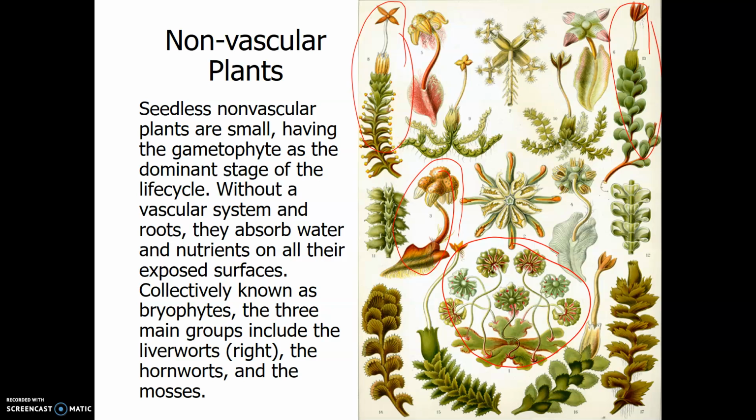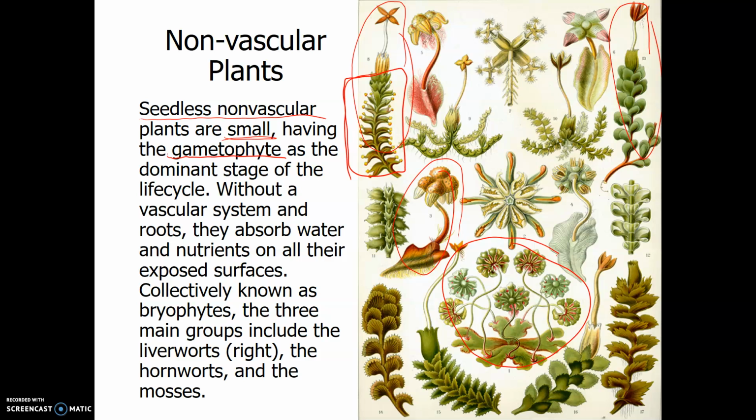So the non-vascular plants are all seedless, and they're small. The dominant stage of their life cycle is the gametophyte. So in a moss, for example, the little green moss that you see growing, whenever you look at moss, you think of that green carpet looking plant that feels really soft and fuzzy.